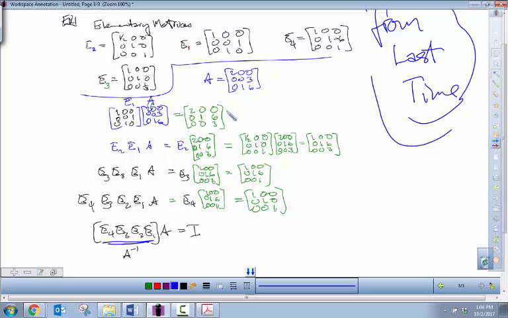This is our original matrix, and we multiplied the first row by 1/2. To get the elementary matrix, you would multiply the first row of the identity matrix by 1/2. That's how you would get your E1, your E2, your E3. That's how you would get elementary matrices.